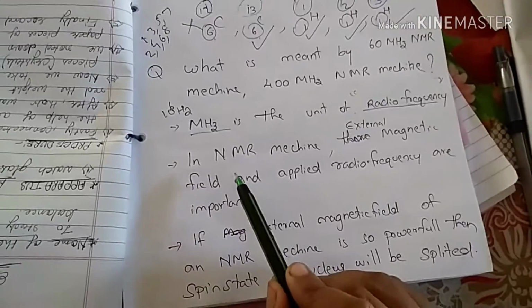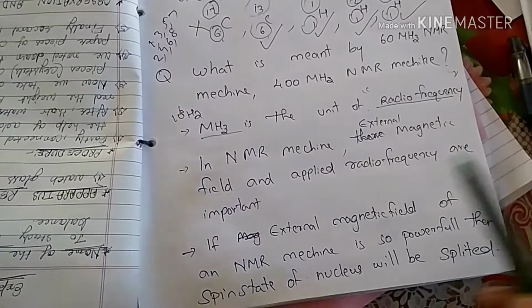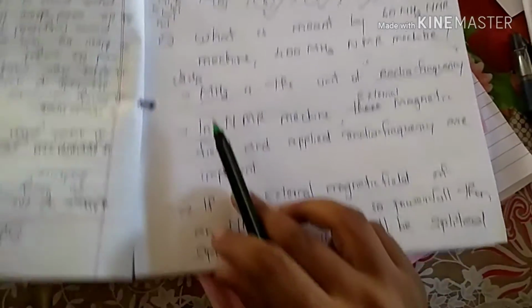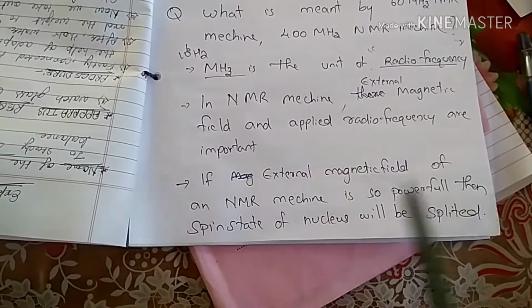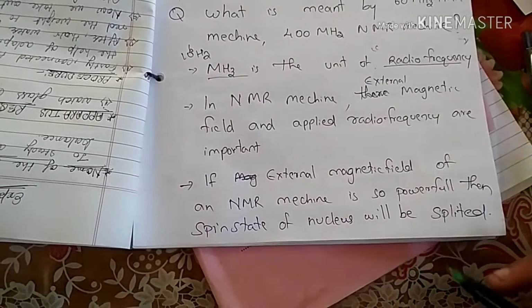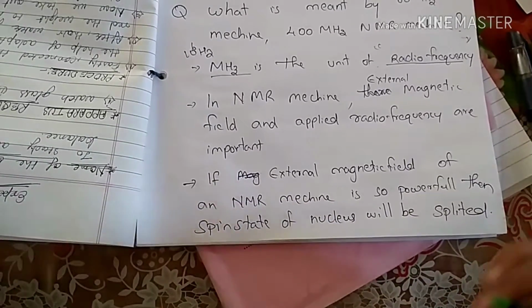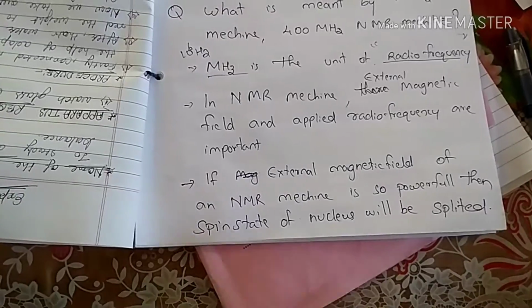So what is meant by a 60 MHz machine and a 400 MHz machine? In an NMR machine, two things are important: external magnetic field and applied radio frequency. If the external magnetic field of an NMR machine is so powerful, it will cause splitting of the two spin states. If that is so powerful, the splitting energy difference will be huge.